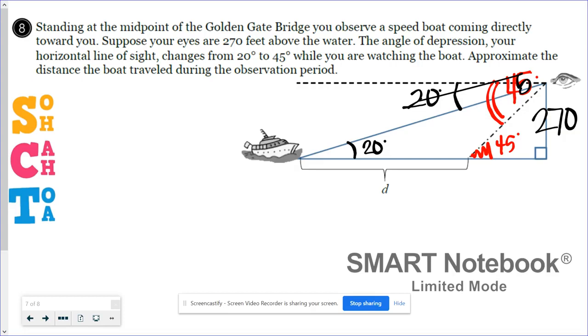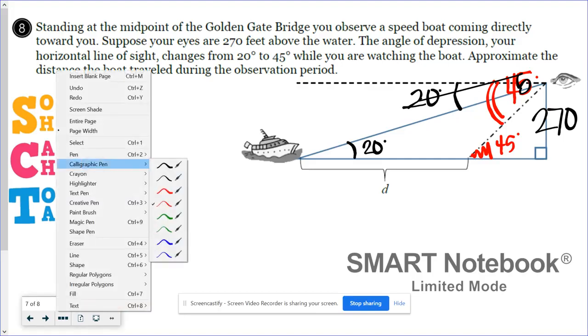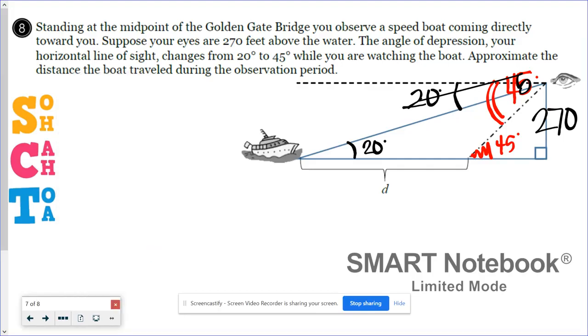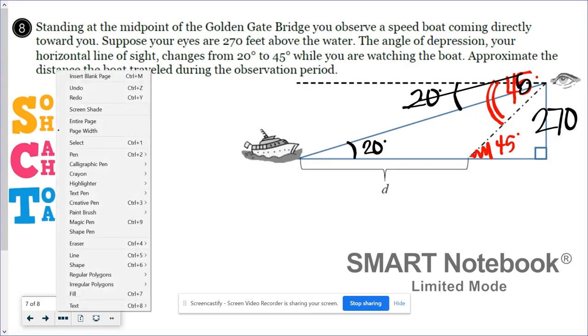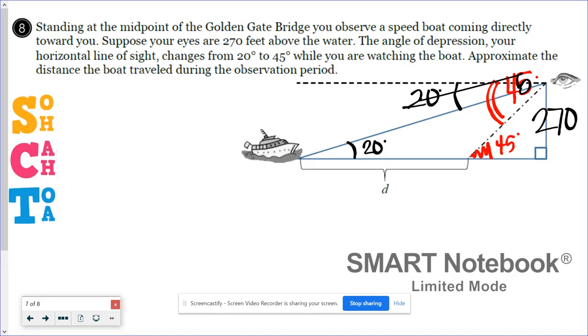Approximate the distance the boat traveled during the observation period, and that's given by D. So what do you know? What do you need to know, and how can you find it? Okay, so maybe you caught that there was a 45, 45, 90 triangle. Granted, if you didn't, that's okay.